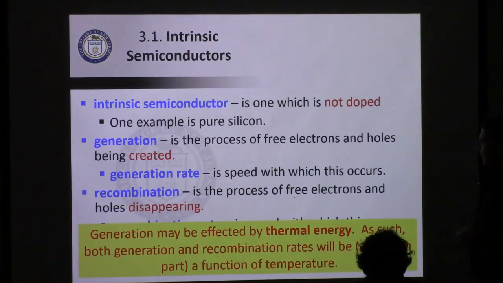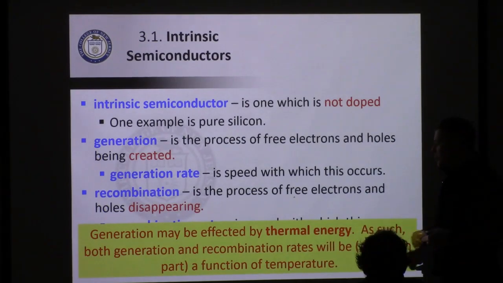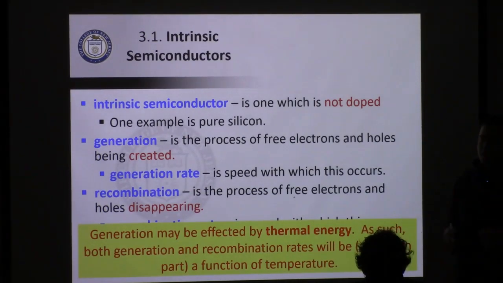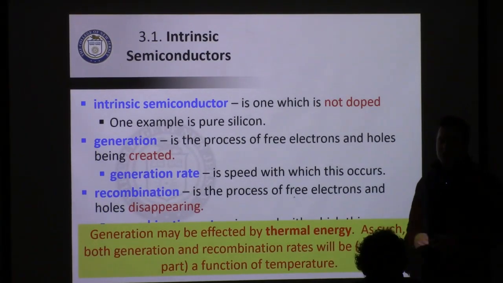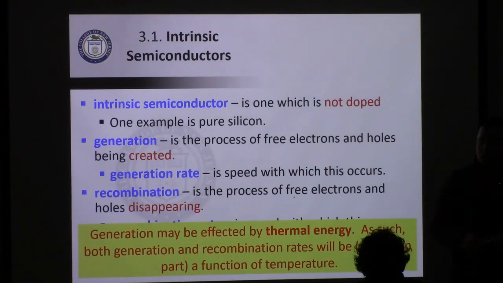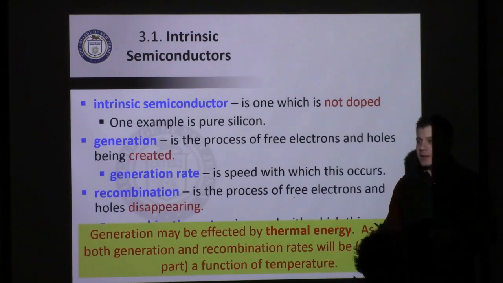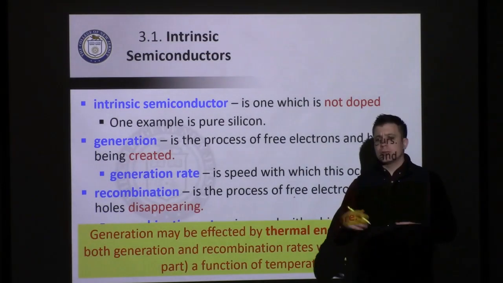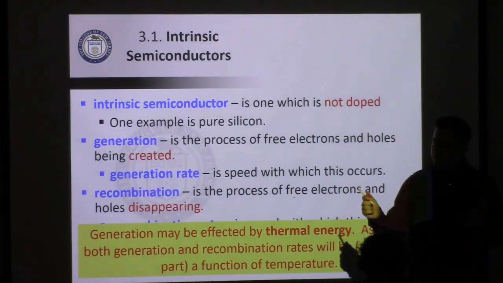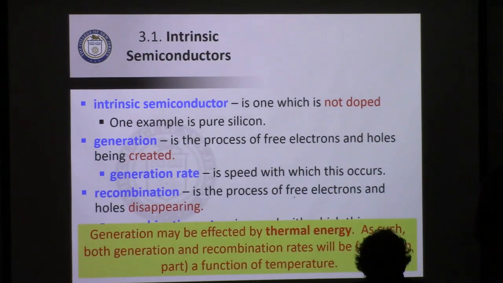For an intrinsic semiconductor, the generation and recombination rates are equal to one another, and they'll be a function of temperature. So at absolute zero, the generation rate would be 0, no conductivity. At room temperature, it'll be larger. If you were to heat it up to an even hotter temperature, the generation and recombination rates would increase.